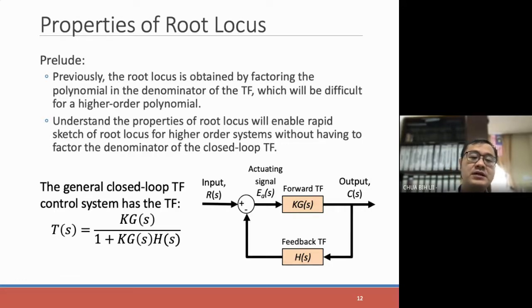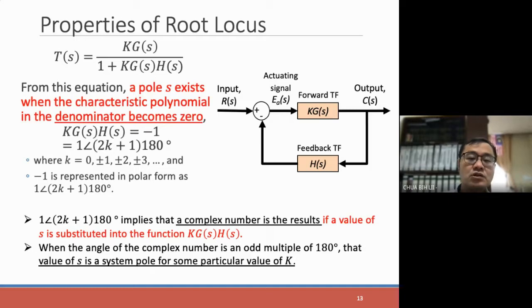Again, general closed loop transfer function as previous, same diagram, right? So from these particular equations, a pole s exists when the characteristic polynomial, where again this characteristic polynomial refers to this bottom part, the denominator polynomial, forms the characteristic of the system.